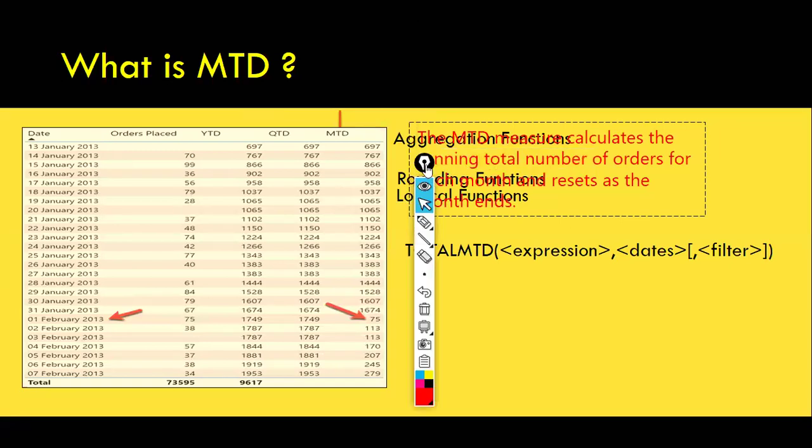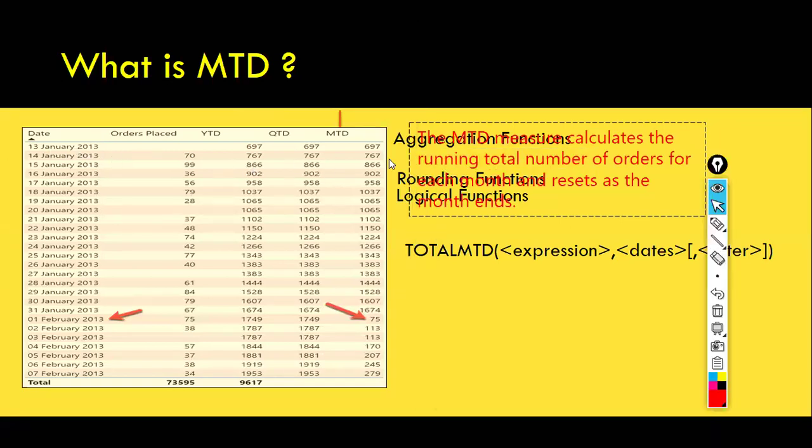Here you can see the orders received from 13th January. Up to 12th January, the sales was 697. You just assume that way. Plus 70, you will get 767.